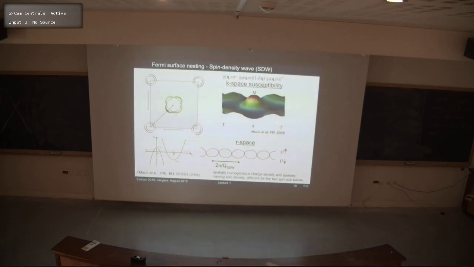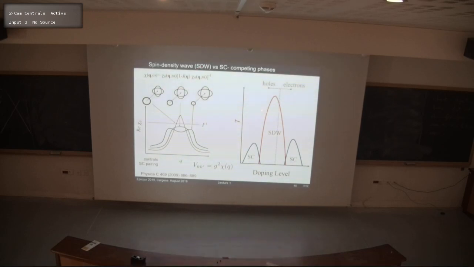This can lead to a spin density wave, where we have spatially varying spin density for the two spin types. This is believed to be one understanding of magnetism in iron-based superconductors based on the itinerant picture, where the Fermi surface is relevant to give rise to this magnetic phase.